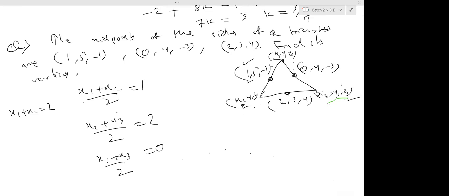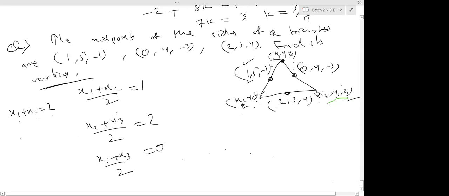Sir, what to do after finding all the coordinates till z? Yeah, that is the answer, right? You have to find the vertices. If you found x1, y1, z1, x2, y2, z2, x3, y3, z3, then that is the answer. You have to find the vertices of this triangle, and that is what we have to solve.